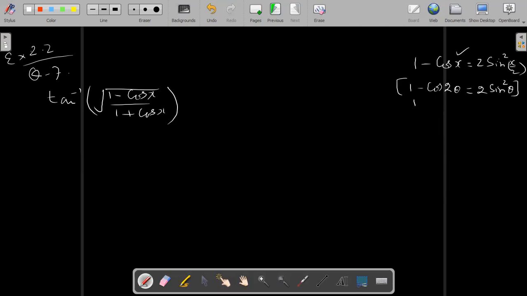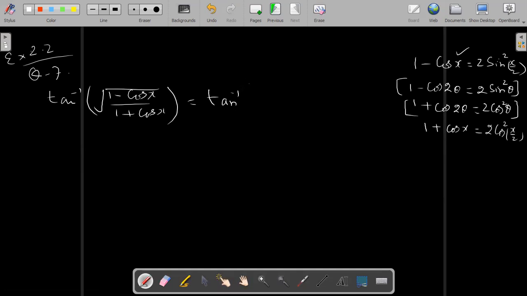Similarly, 1 plus cos 2 theta is 2 cos square theta. Remember that in minus, sine will come; in plus, cos will come. I told you in 11th class how to remember this. So the denominator 1 plus cos x can be written as 2 cos square x by 2. So just use the formulas directly.